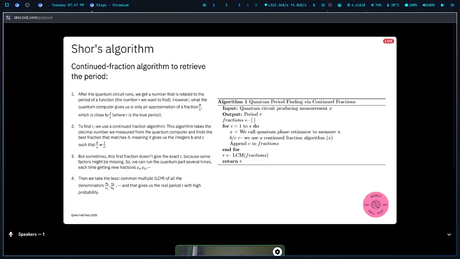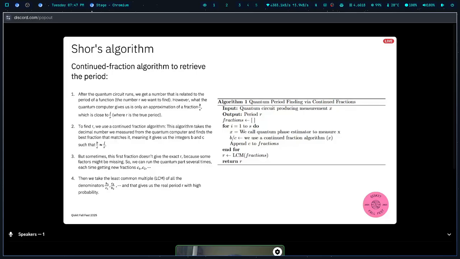After the quantum circuit runs, we get a number that is related to the period of the function, that rotational angle. However, the quantum computer gives us only an approximation of this, which is close, but we try to find that error.